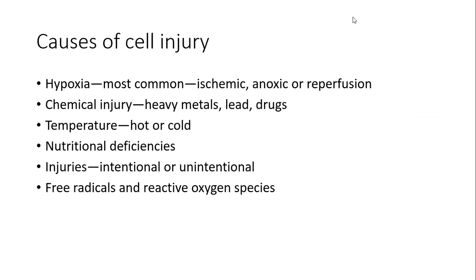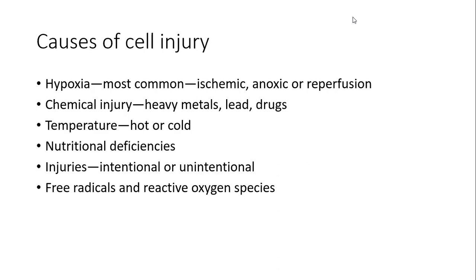Chemical injury, that would be from heavy metals, lead, or drugs, therapeutic drugs taken or non-therapeutic drugs taken. Temperature, which is hot or cold stress, frostbite or burns. Nutritional deficiencies, which just deprive the cells of the materials they need to work.